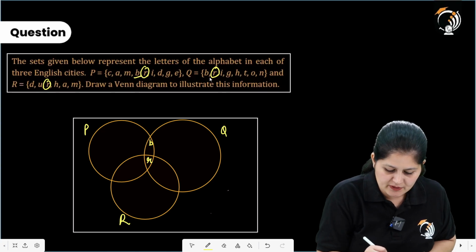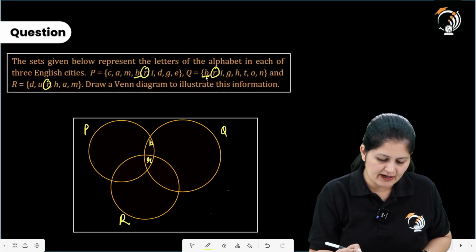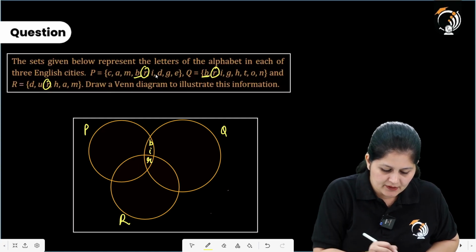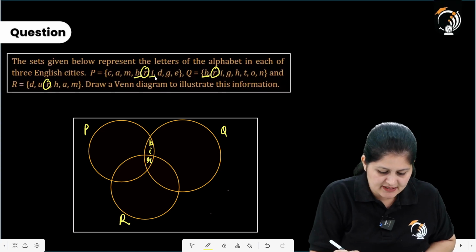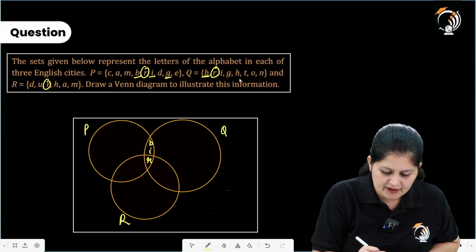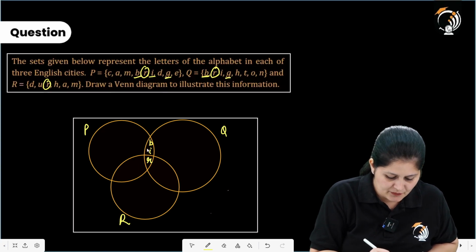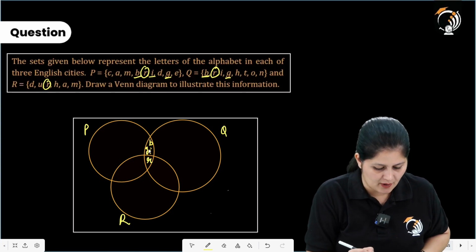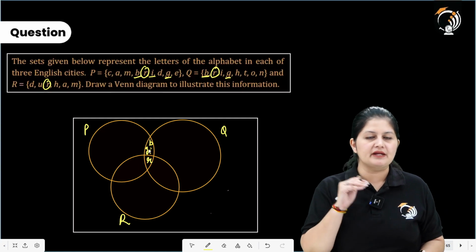Now I is common, so we are going to write I as well. Then D is not common, G is common, so we are going to write G also. Then E isn't common here. So these are the common elements of P and Q.